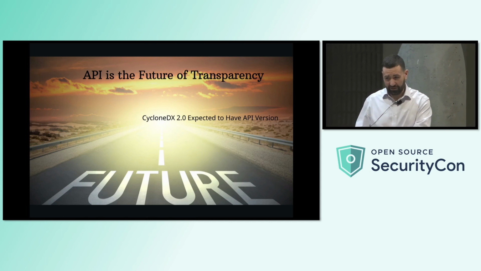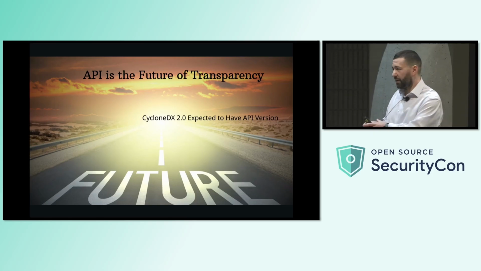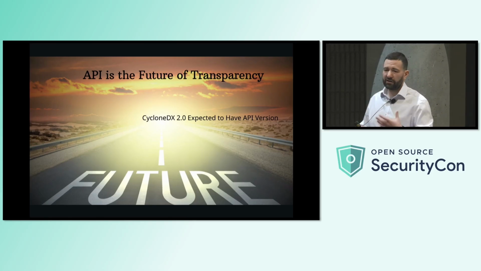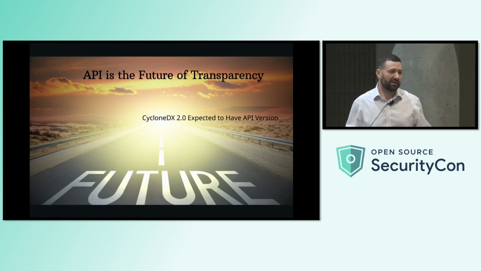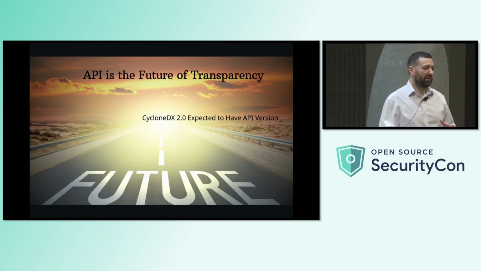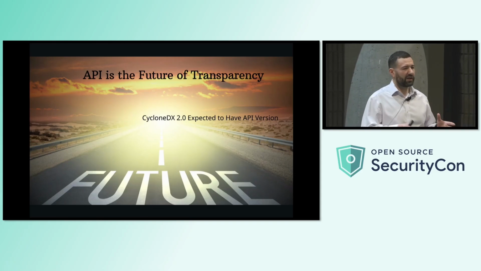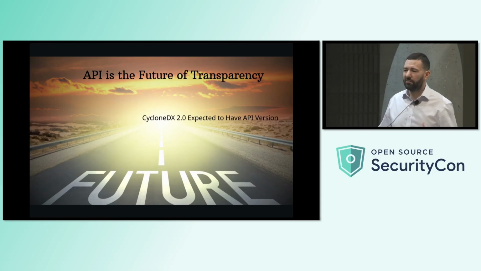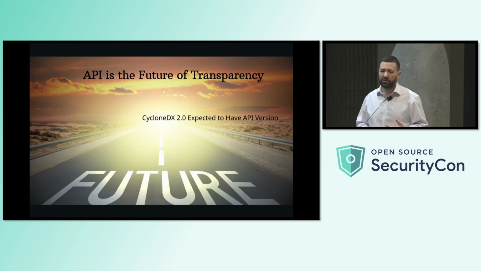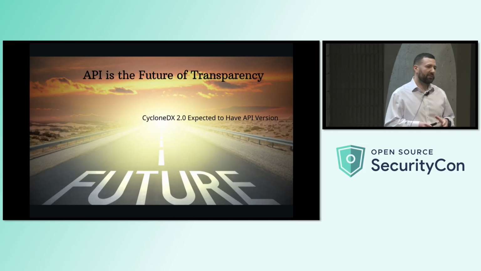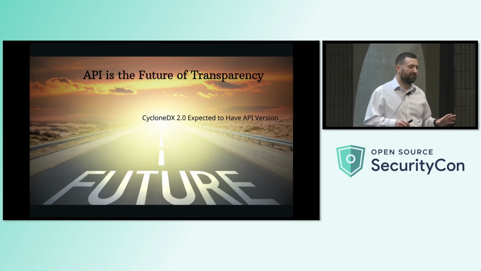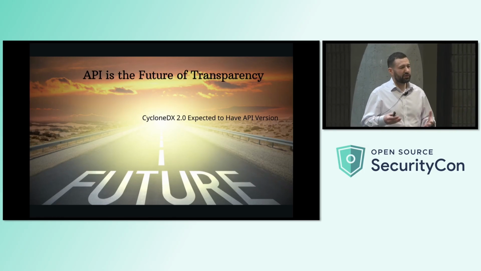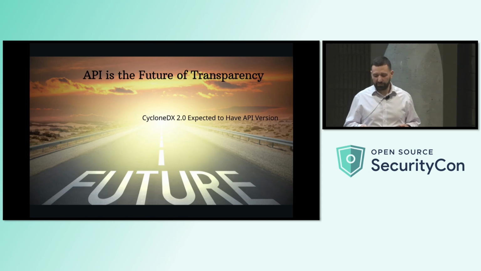One thing they mentioned is that the current CycloneDX is file-based, but CycloneDX 2.0 would have a part which is API-based. Again, the vision is that API would be the main driver, because very frequently, people don't really need a full SBOM. They just want certain details, which can be obtained through API.